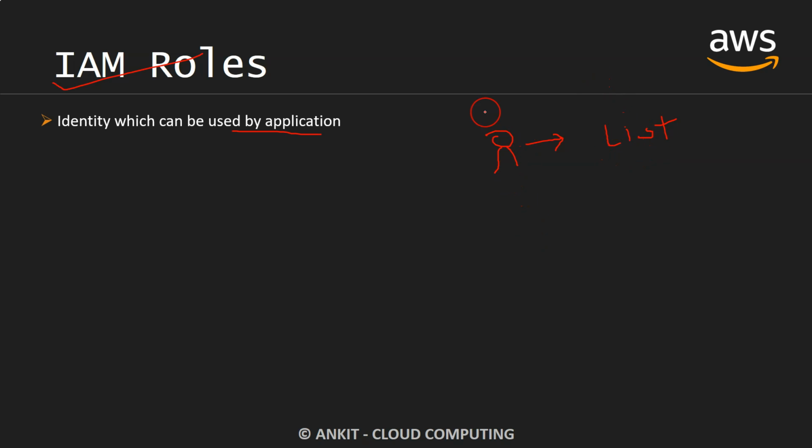But let's say instead of a human, you want some machine, like an EC2 machine, that is an Elastic Compute Cloud machine, to access some service, like listing down all the users in IAM, or maybe creating another EC2, or listing down all the buckets in S3.